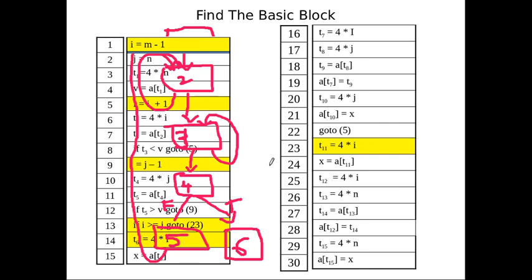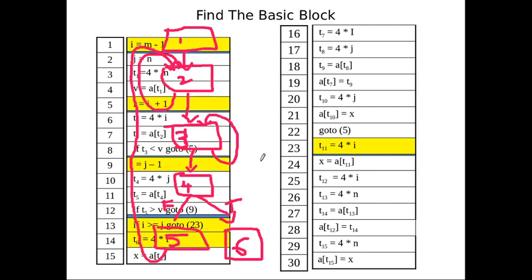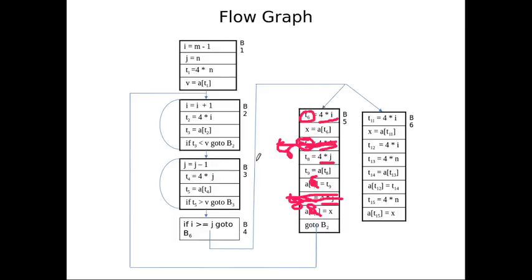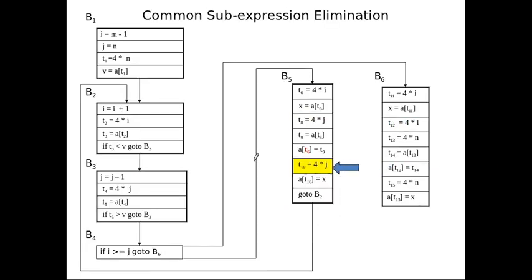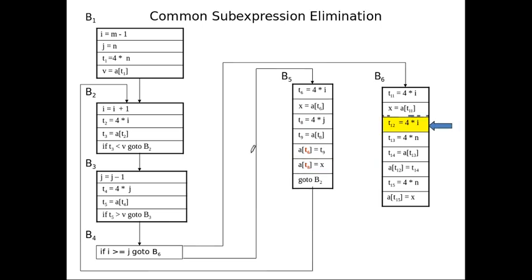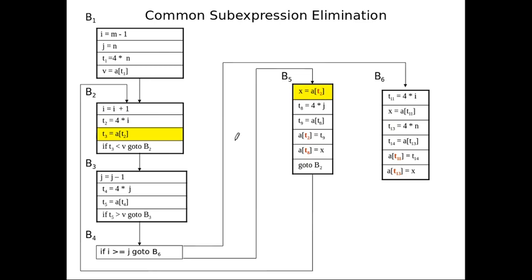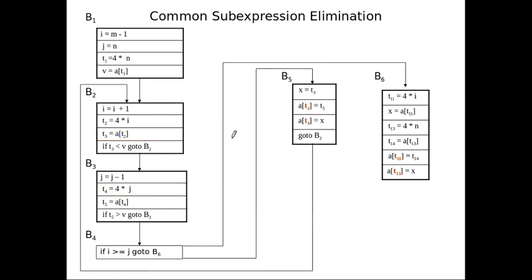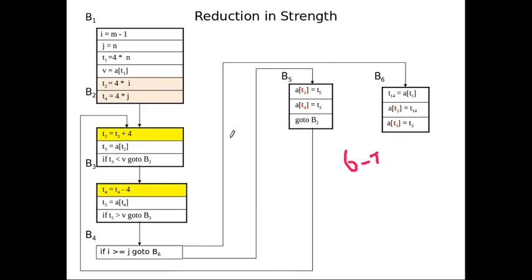Now observe, we reduced a lot of temporary variables. 15 to 6, nearly 60% reduction.